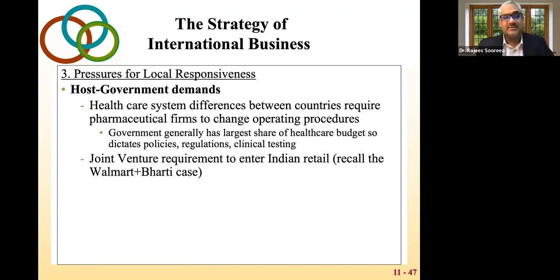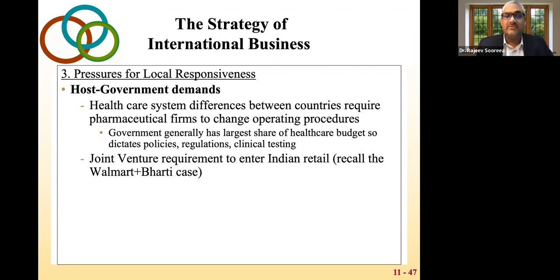So healthcare system is very important because a healthcare system is very different across countries, right? So healthcare system differences between countries require pharmaceutical firms to change their operating procedures, right? So just like I said, in the US, a very aggressive sales force is required to sell pharmaceutical drugs, right? In the UK, it's not like that. In Japan, it's not like that.